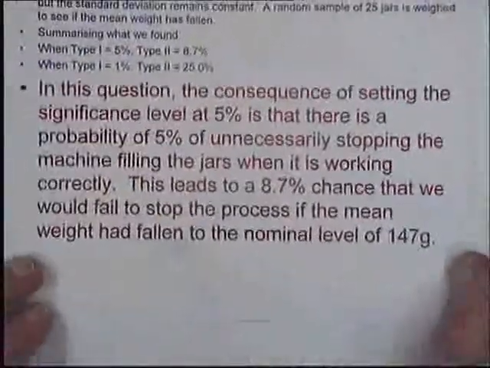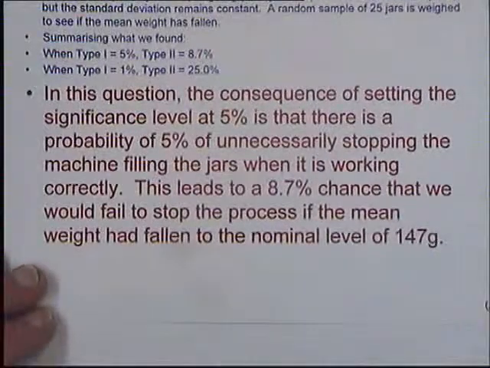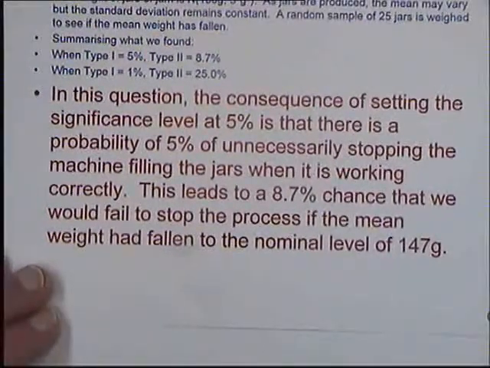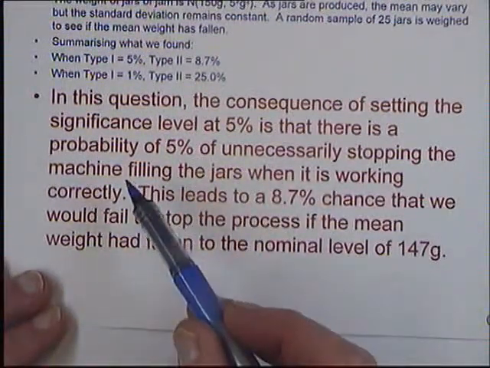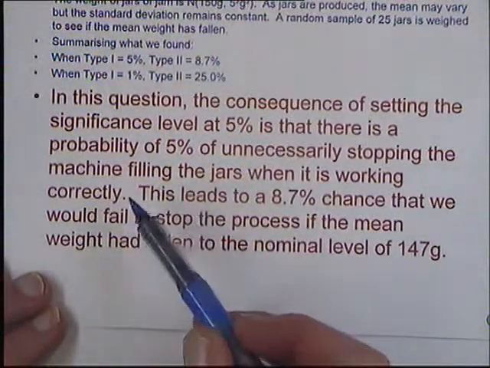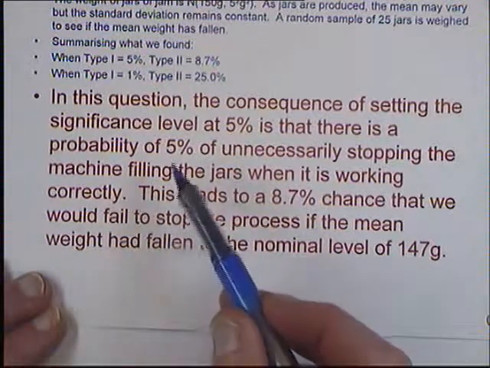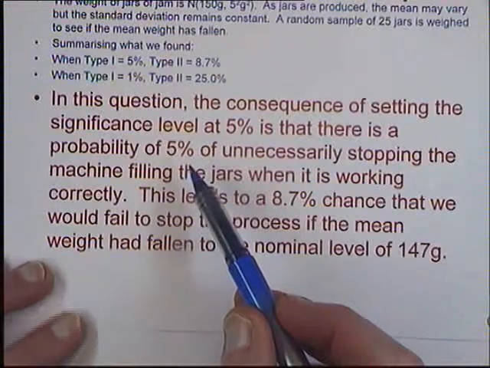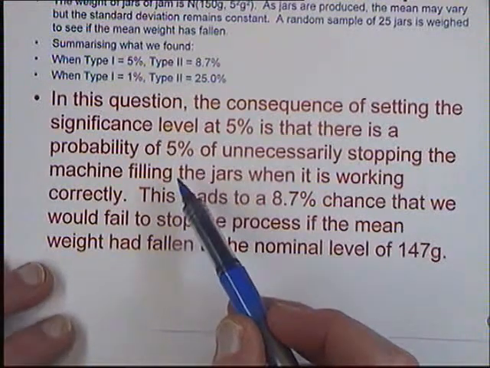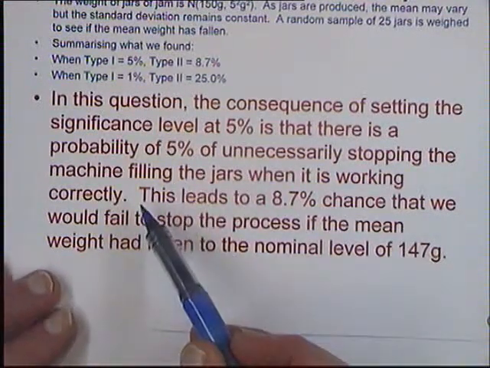It says down here, in this question, the consequence of setting the significance level at 5% meant that there's a probability of 5% of unnecessarily stopping the machine filling the jars when it was working correctly. Because that 5%, that's a type 1 error. That's when you accept H1 when you shouldn't have done, when you think there's a problem when actually there isn't a problem.